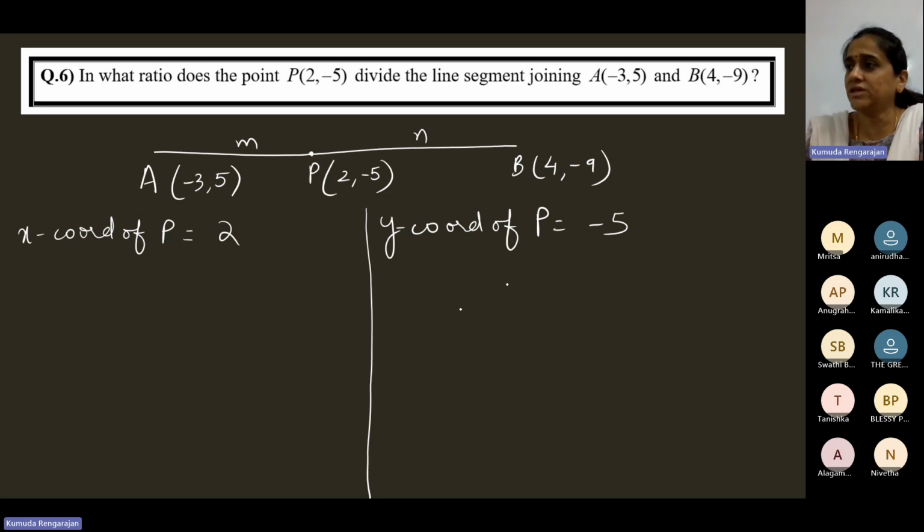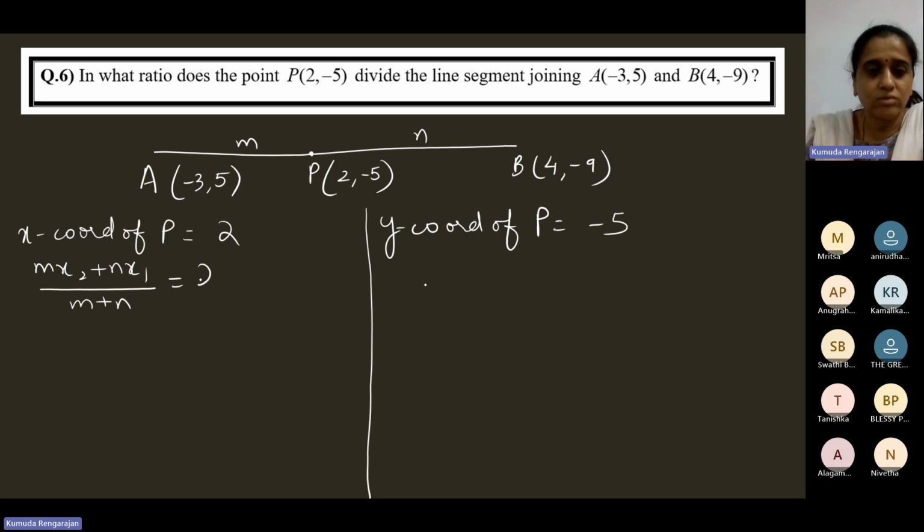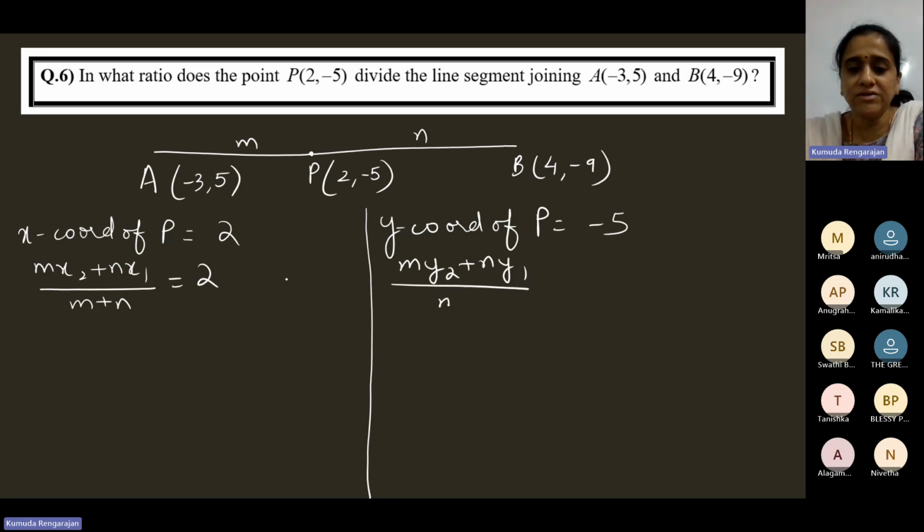Do this or this to get the ratio. Now, how do you find the x coordinate of P by the section formula? m x2 plus n x1 by m plus n, and this is 2. How do you find the y coordinate? m y2 plus n y1 by m plus n is equal to minus 5.